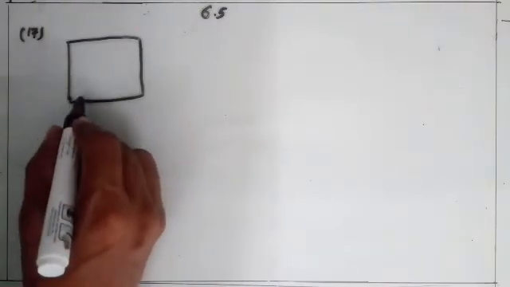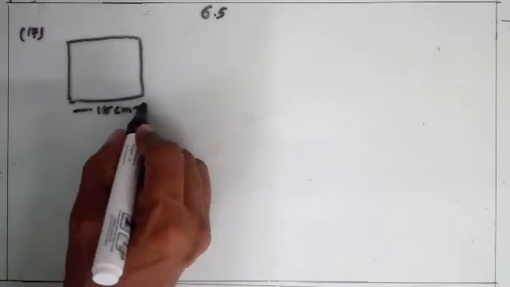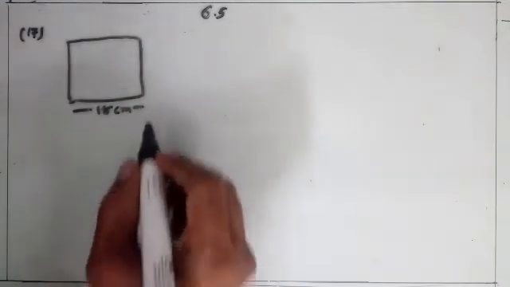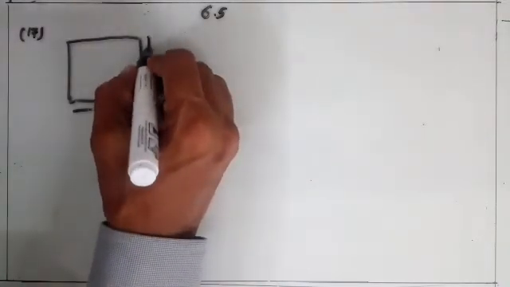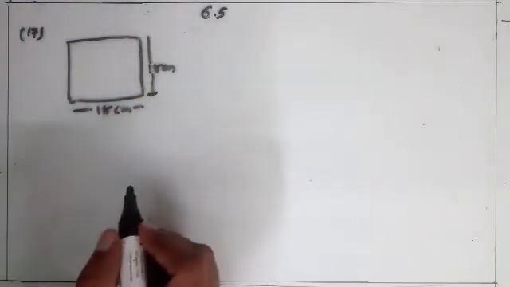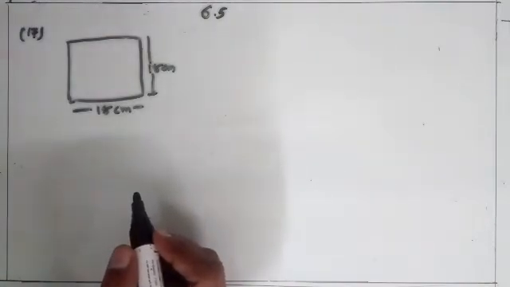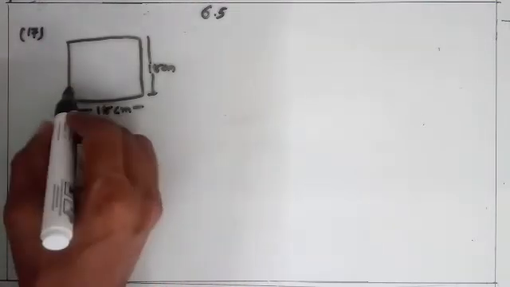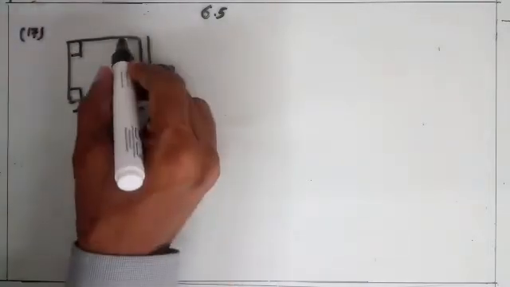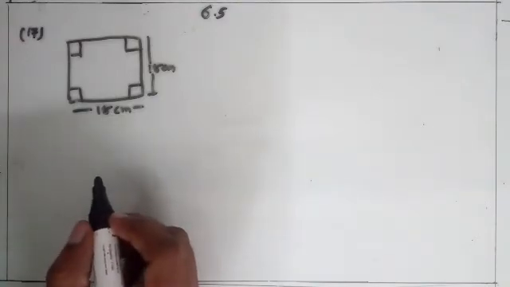Here, 18 cm is the length of the side of the square tin given, and we want to form it into a box by cutting a square from each corner and folding up the flaps to form the box.